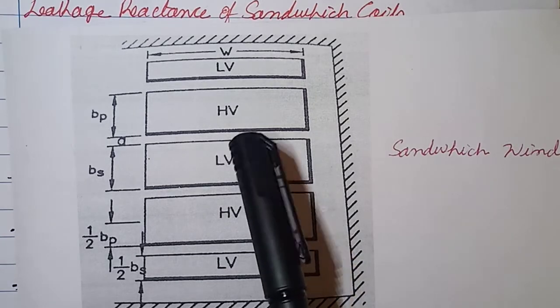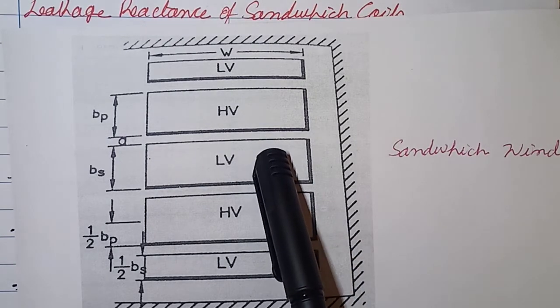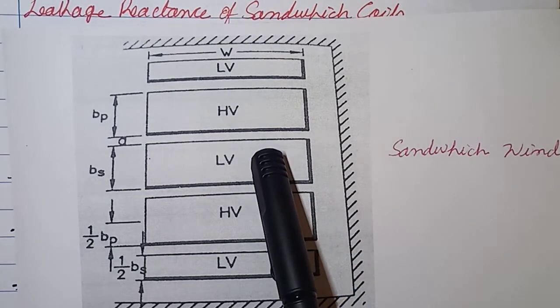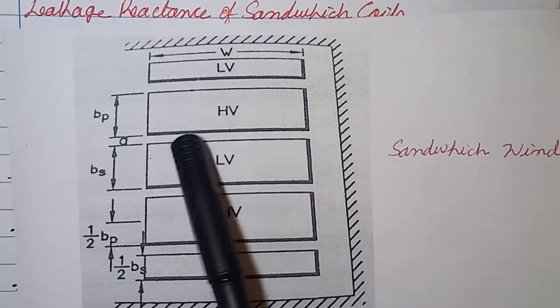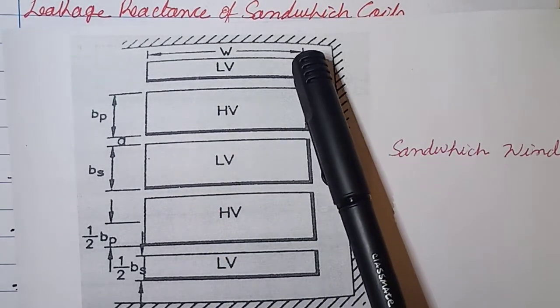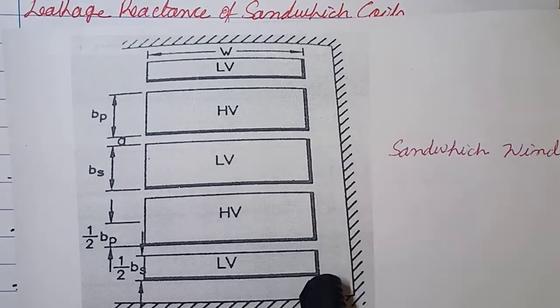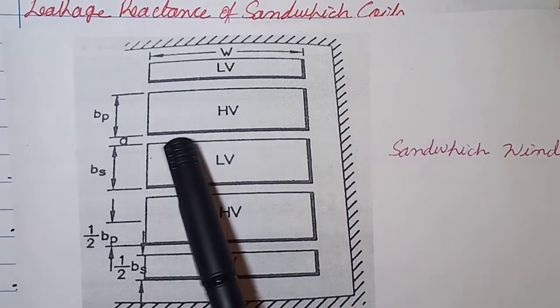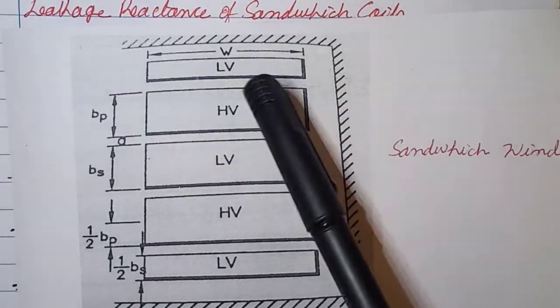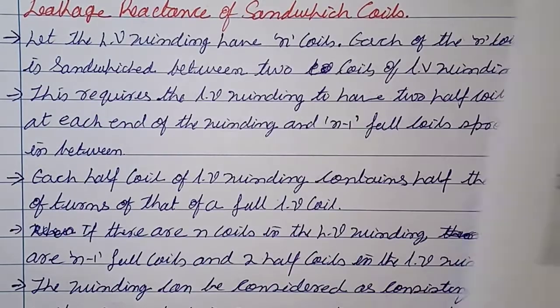So if TS is the number of turns in this full LV winding, then here I'll have TS by 2 and TS by 2 turns. That is how the full winding is split.